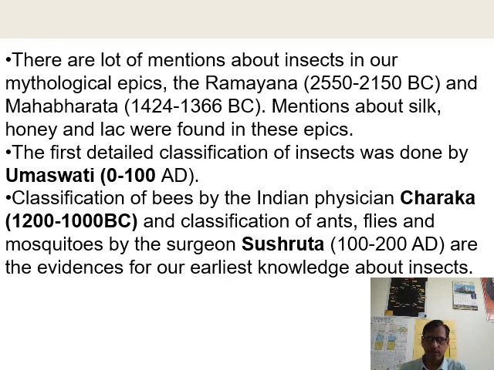Classification of bees by the Indian physician Charaka, 1200 to 1000 BC, and classification of ants, flies and mosquitoes by the surgeon Sushruta, 100 to 200 AD, are the evidences for our earliest knowledge about insects.